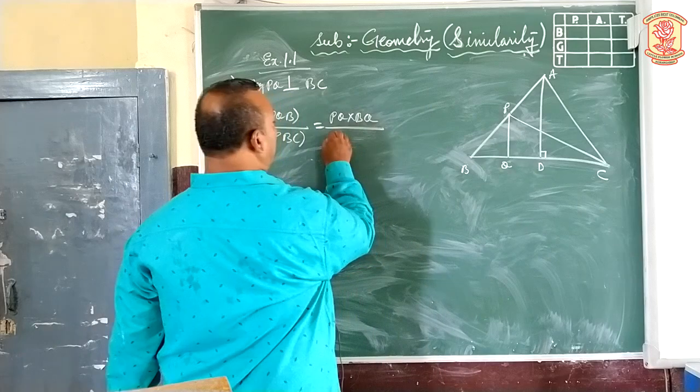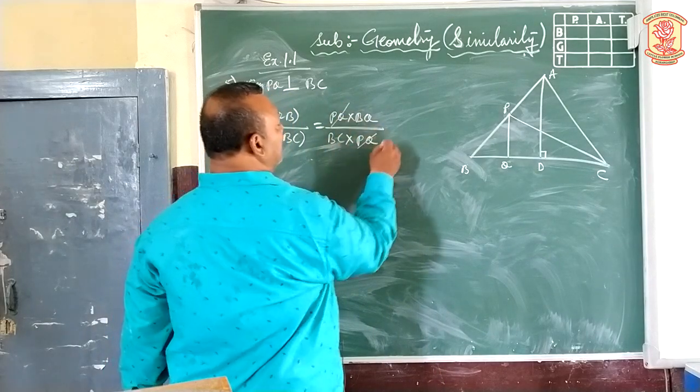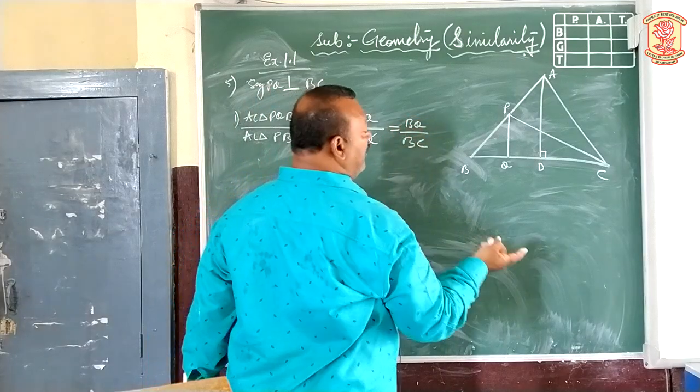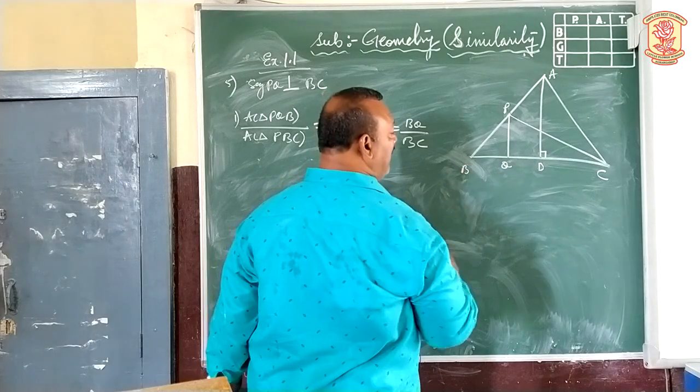In PBC, base BC, altitude PQ. PQ gets cancelled, you get the answer BQ upon BC, the corresponding bases.